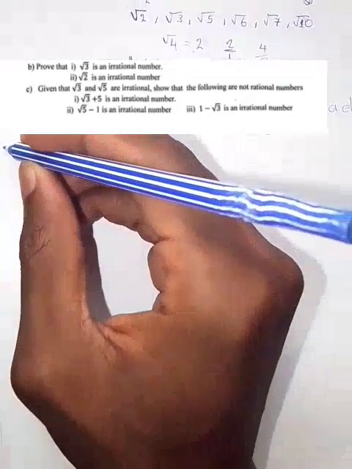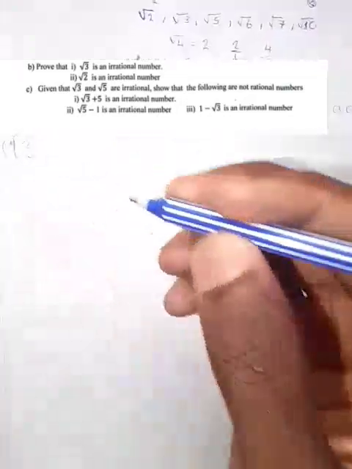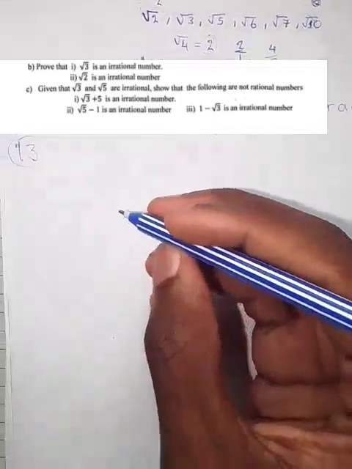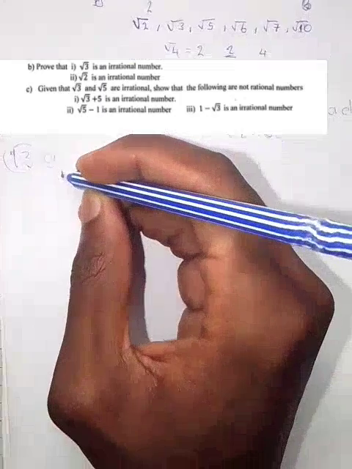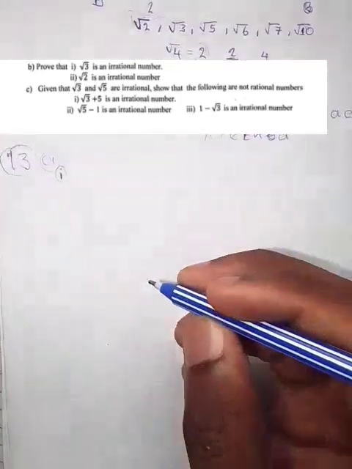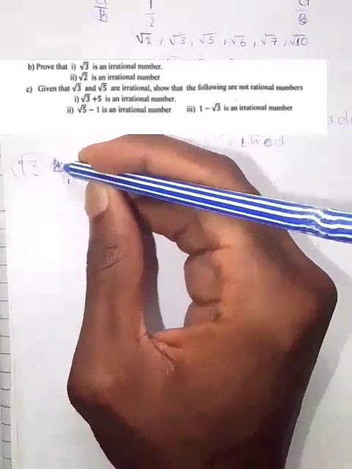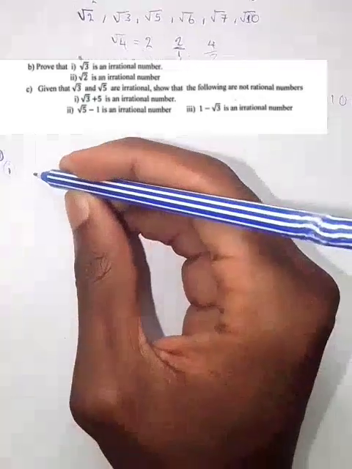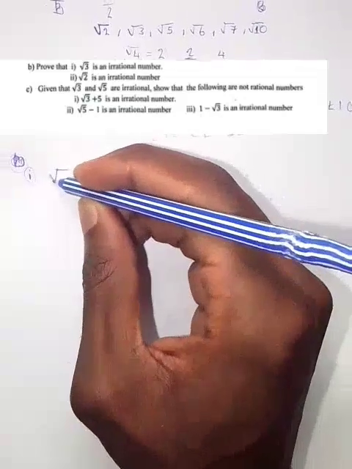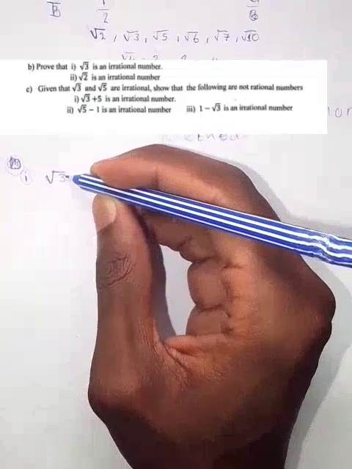Question 13b, question 1. They want us to prove that square root of 3 is an irrational number.